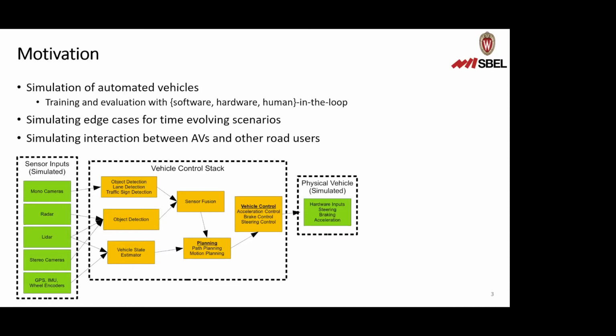And this diagram shows what simulation of an automated vehicle in the loop would need to look like. On the left here is all the sensor information, and that's what an AV would actually need to be able to see the world around it and localize itself in that world. We would then want to replace the physical sensors with simulated versions.